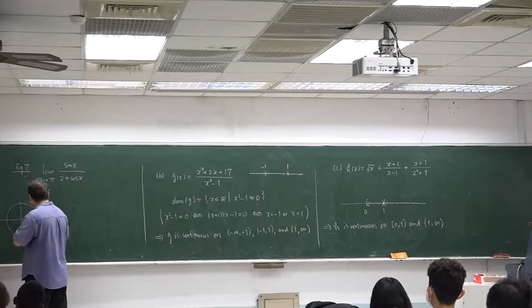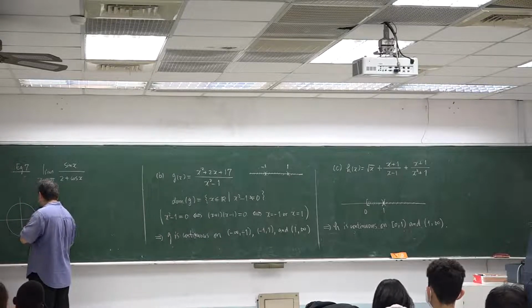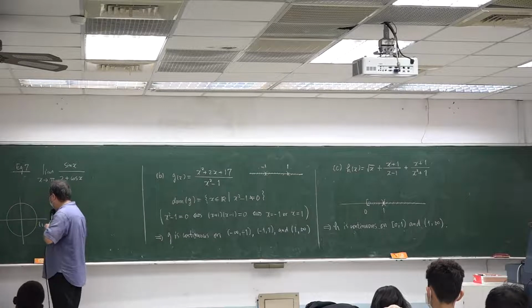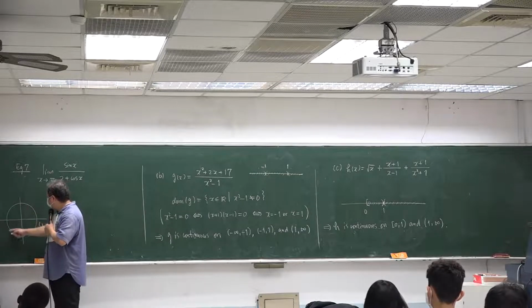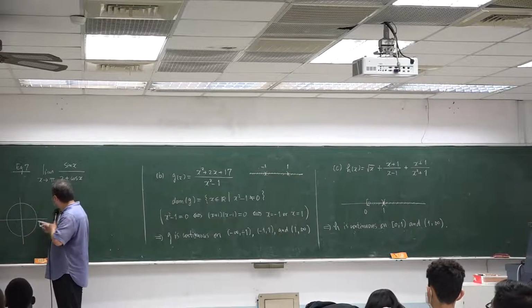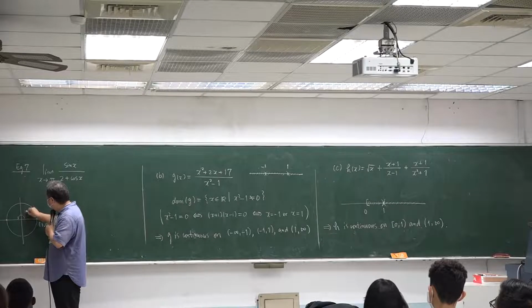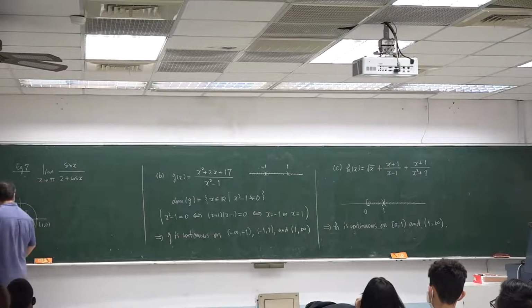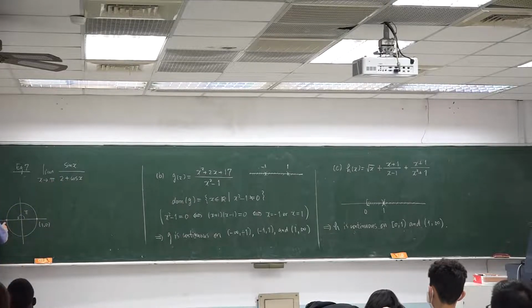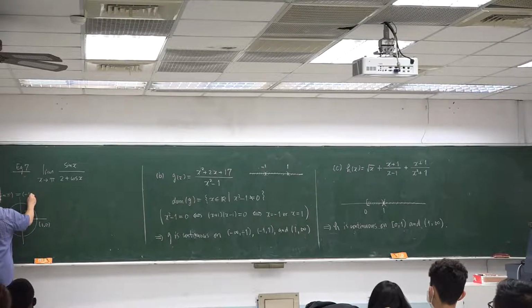We know the length of the circumference of this circle is 2 pi. So pi means from here to here. This is the position pi. And the coordinates of this point are cosine pi and sine pi, which is -1 and 0.